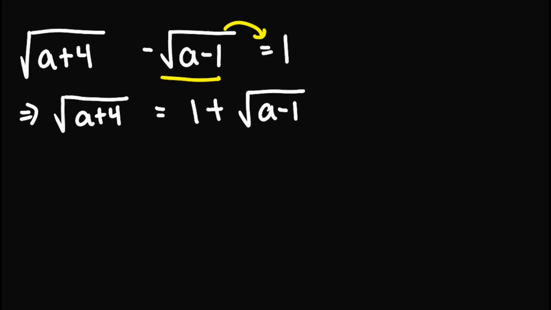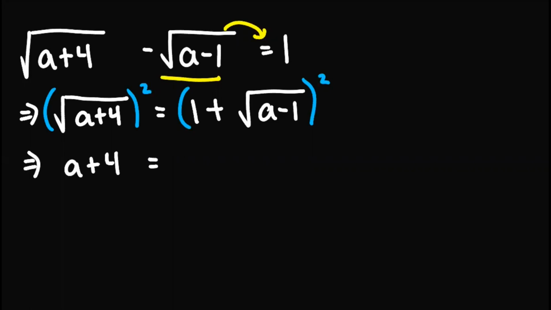And from here, we apply the square on both sides. So on the left side, we'll have a plus 4. And on the right side, it might seem complicated at first, but we just apply the square of a binomial. So the square of the first term is 1, plus 2 times the 2 terms is 2 square root of a minus 1, and the last term is the square root of a minus 1 squared, which is a minus 1.